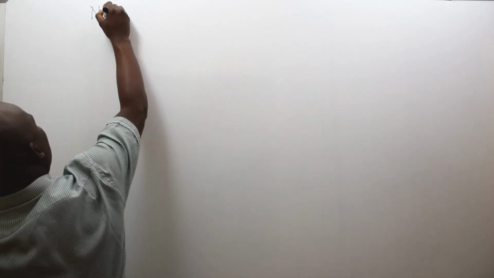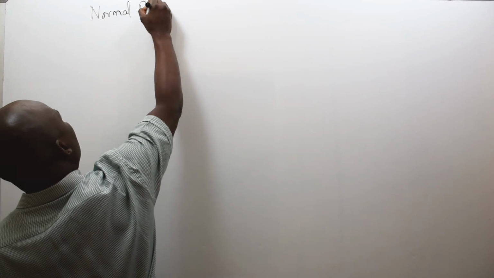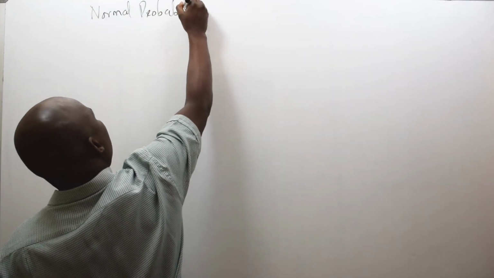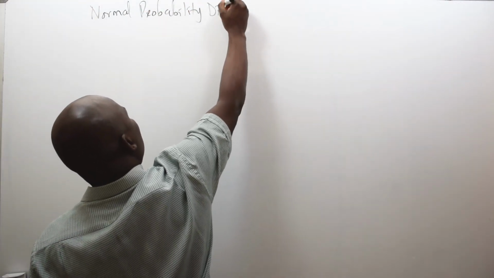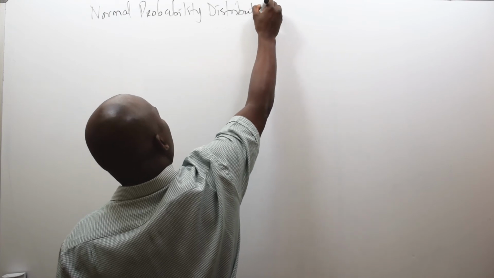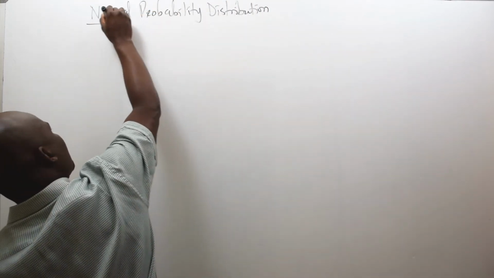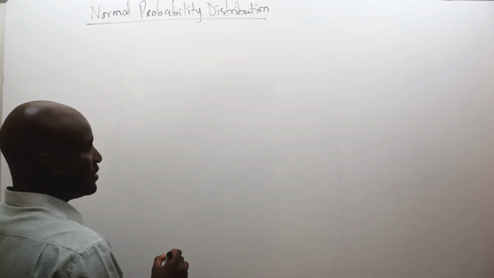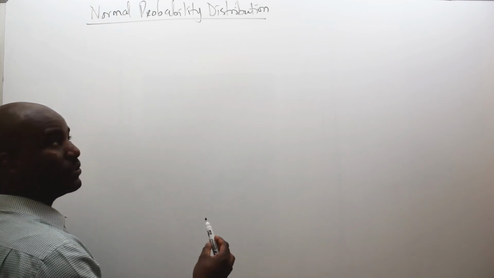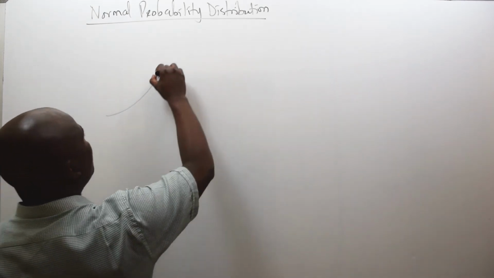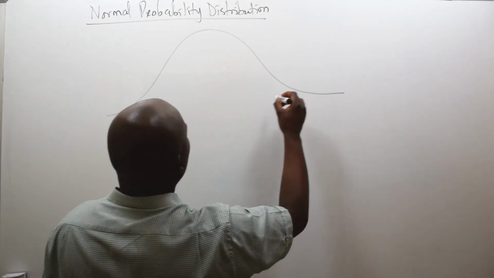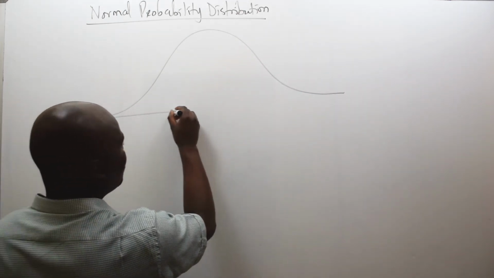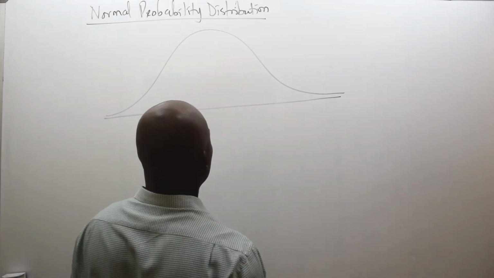So we're saying this is the normal probability distribution, and we said the best thing that we can do, because the values can take any value, is to draw a curve. Forgive me, it might not be as you thought it should be.